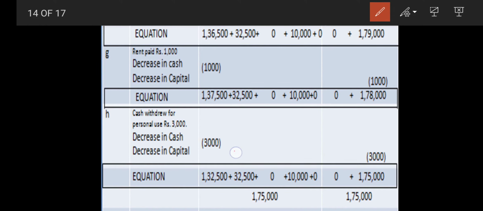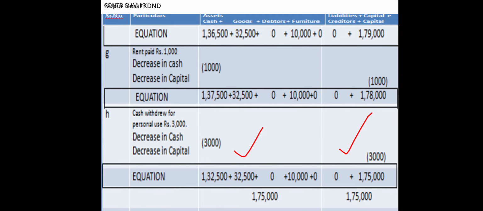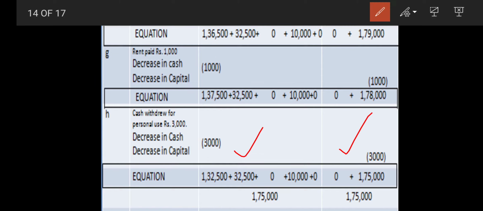So decrease in cash will be 3,000 and decrease in capital will be 3,000. So ultimately my equation will be set up as 1,32,500 plus 32,500 and it moves on. Right, here it is 135,500. So that's why it has come to 132,500.